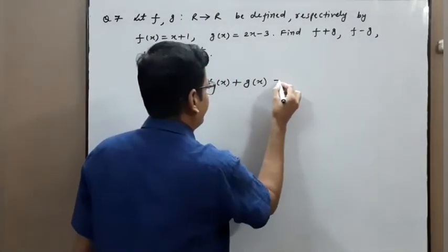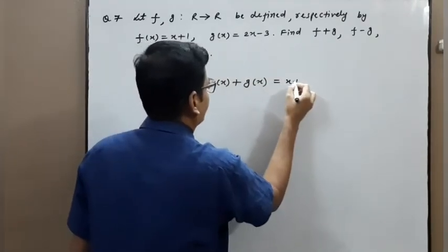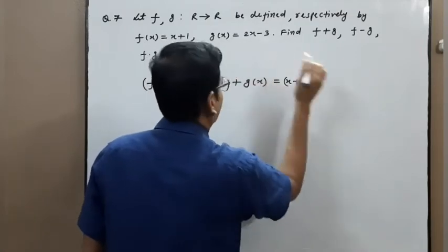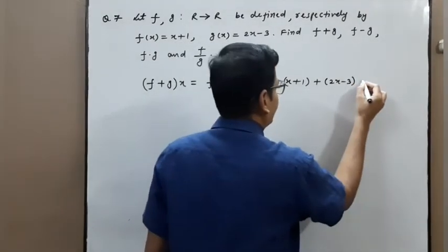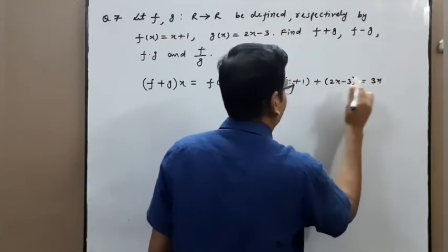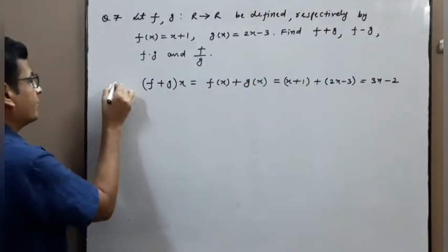Now put the value of f(x) plus g(x). f(x) is x plus 1 and g(x) is 2x minus 3. When we simplify, we get x plus 2x, 3x, and 1 minus 3, minus 2. First part.